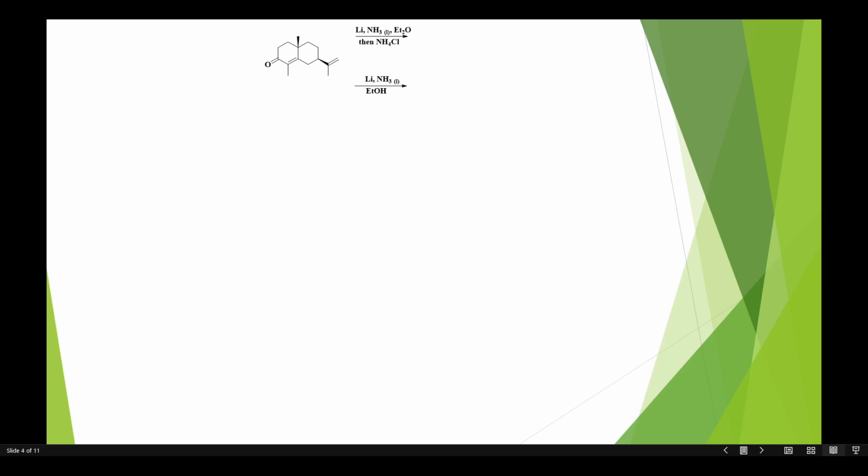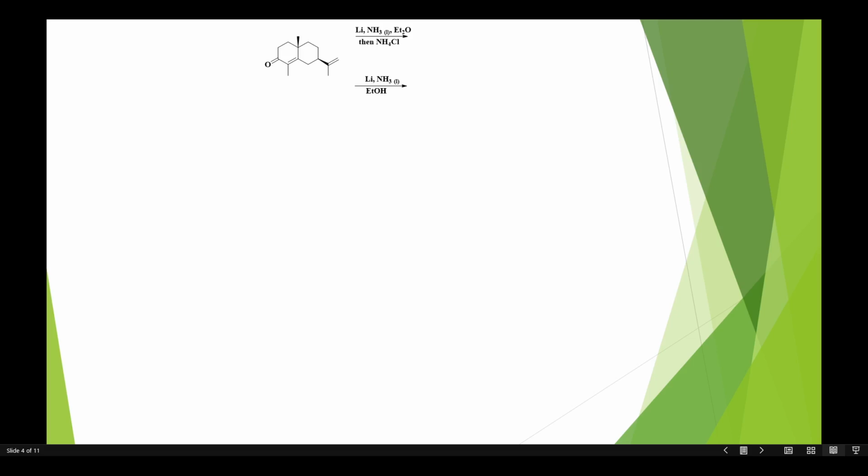Can you think whether only an alkene will be reduced by sodium liquid ammonia solution, if it is not an alpha beta unsaturated ketone?